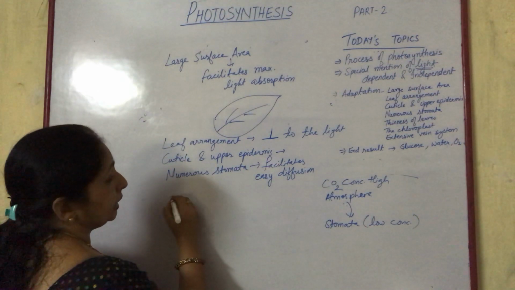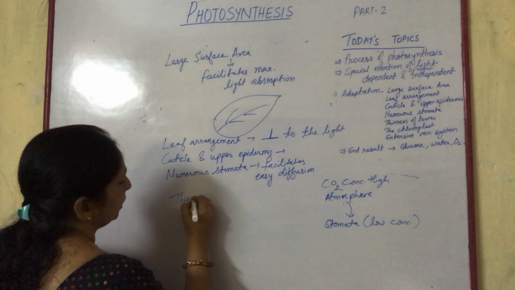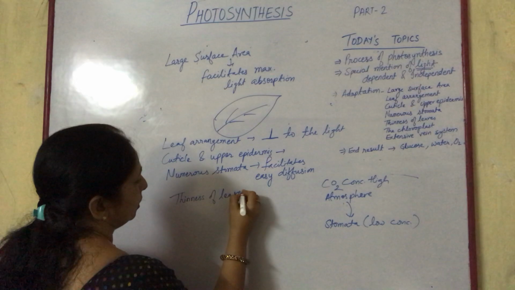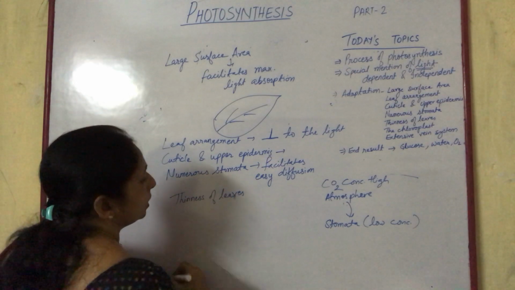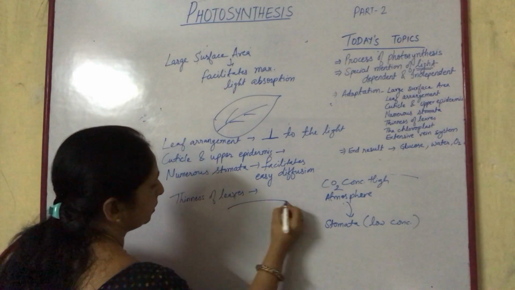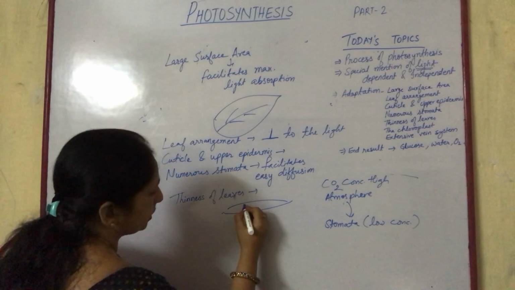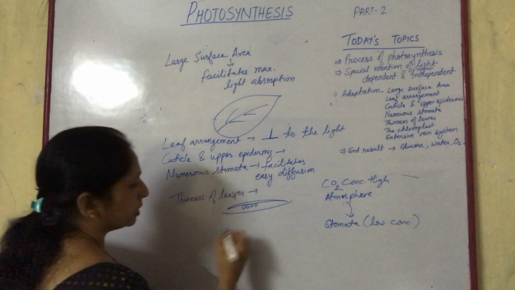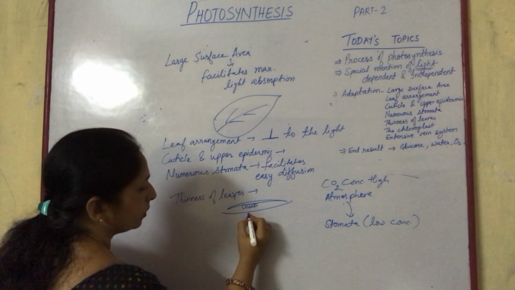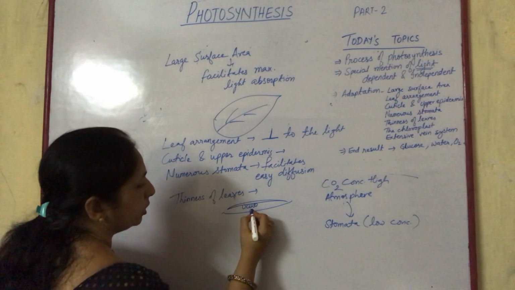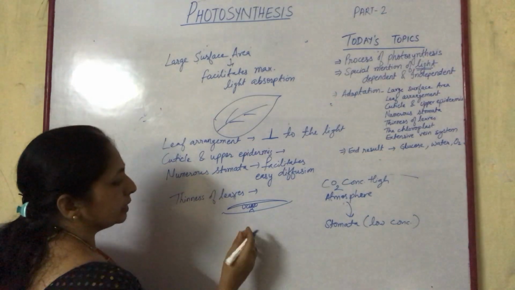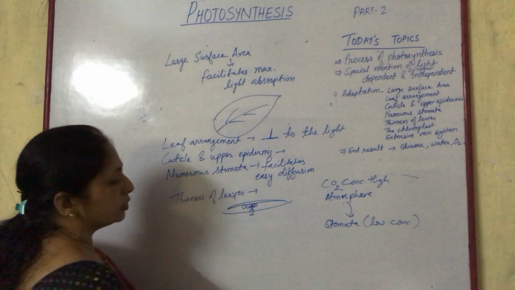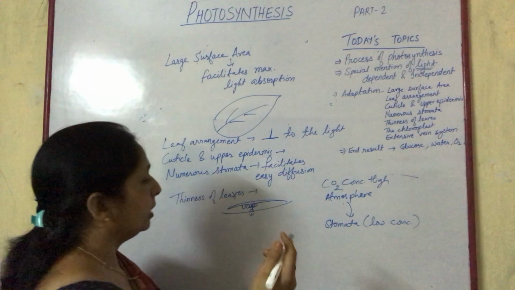Then next is thinness of leaves. If the leaf surface is thin, then the transportation process would be easier from stomata to the palisade cells, the diffusion of gases, and the release of water molecules.